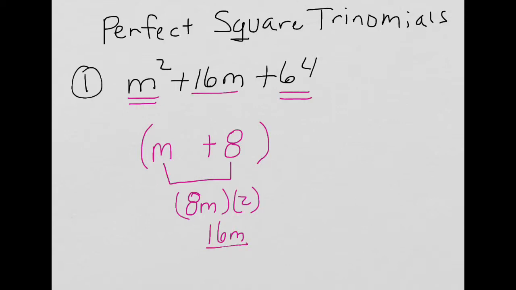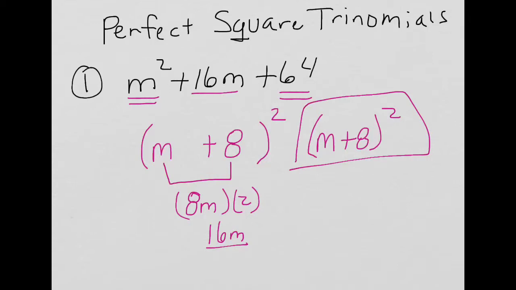So that tells me that this is a perfect square trinomial. So my answer is going to be m plus 8, and that's squared. Now remember, that means m plus 8 times m plus 8 if you wanted to box it to check it.